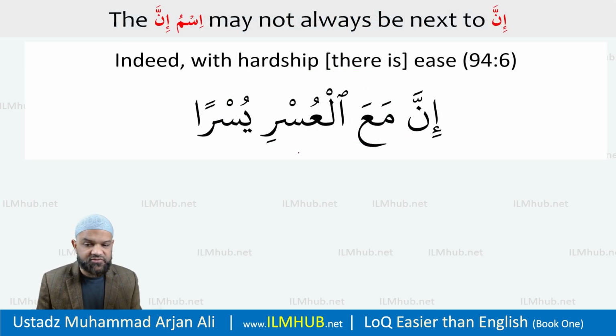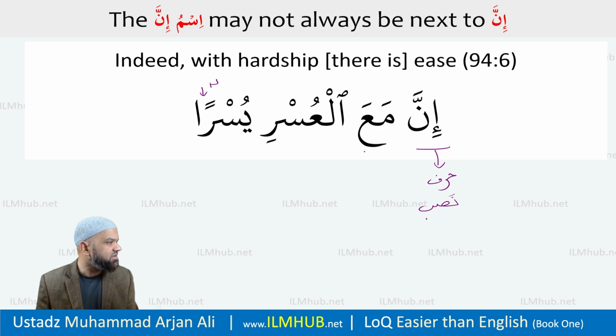The last beautiful example from the Quran we're going to look at in this video, inshallah, is this example here. Now you see inna, you're looking for ismu inna and khabaru inna. Now ismu inna is mansub. The only nasab that we can see is here. So what is going on here? This is your harf of nasab. Inshallah, by now you got this bit.